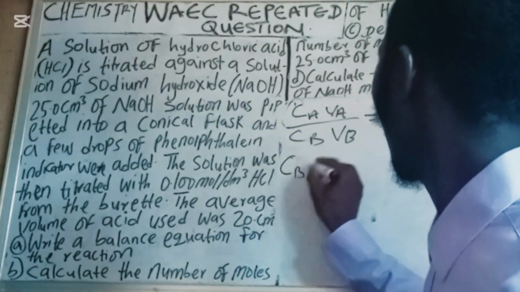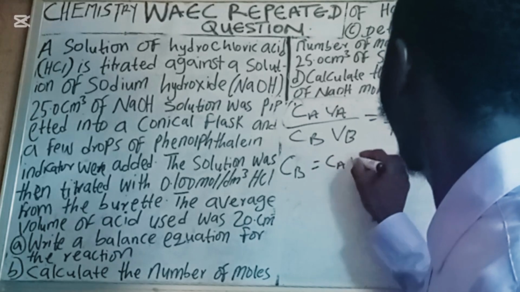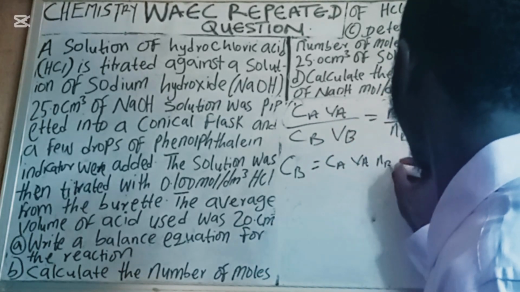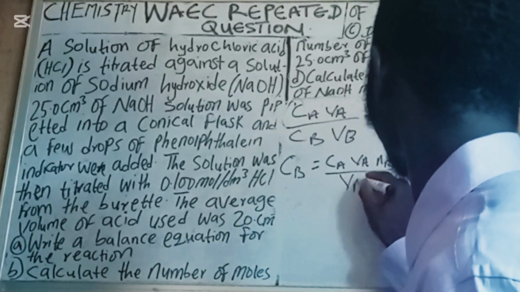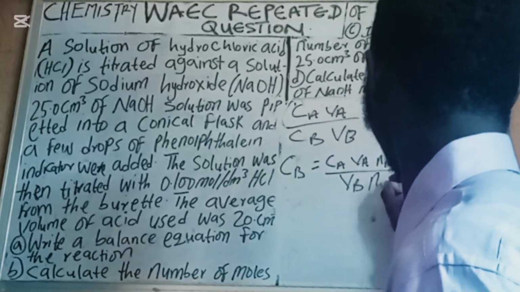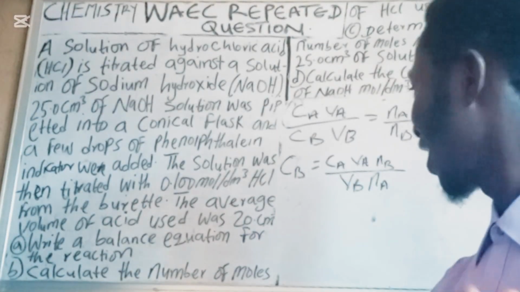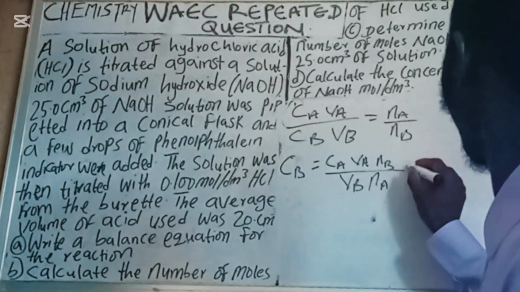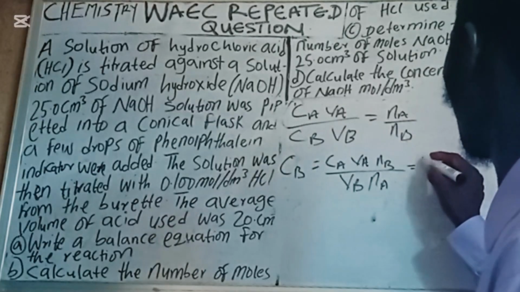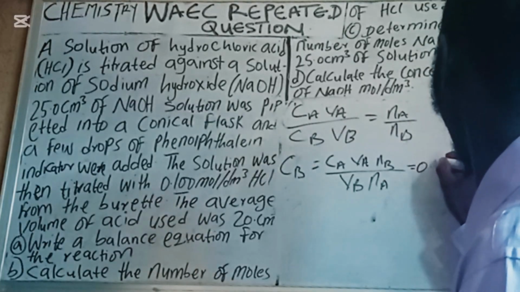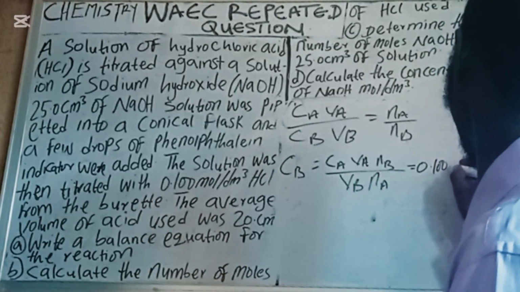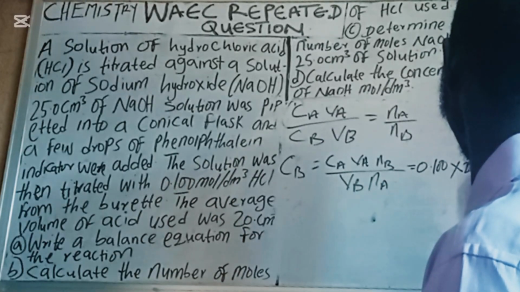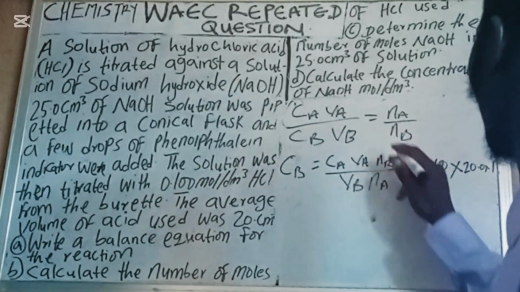We have CB is equal to CAVA, cross multiply NB, is equal to VBNA. So now our CA in the question, that's concentration of acid, is 0.100 times our V is 20.00 times 1, because our NB is equal to 1.